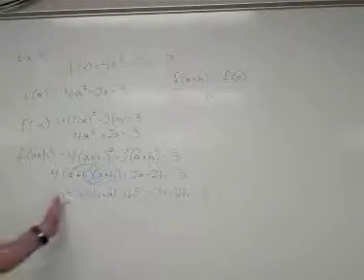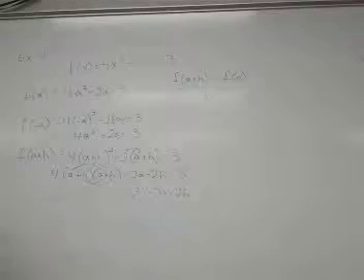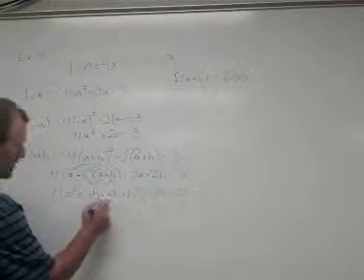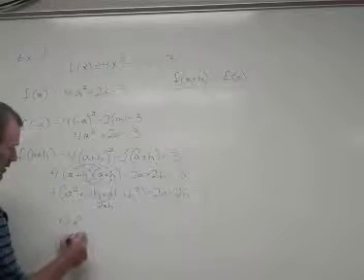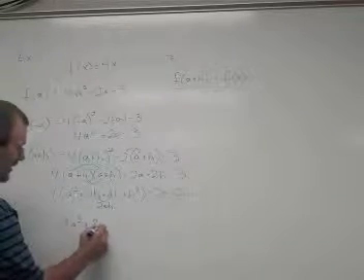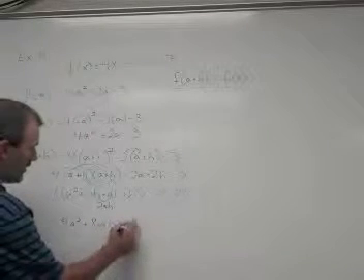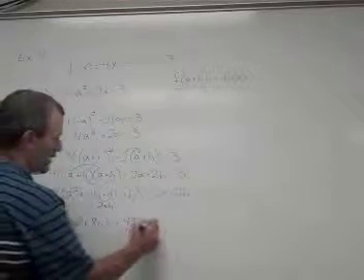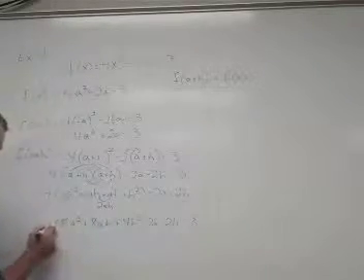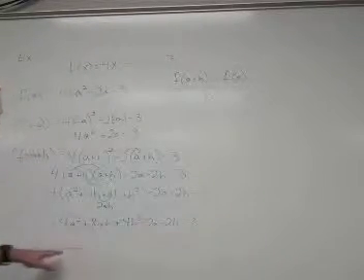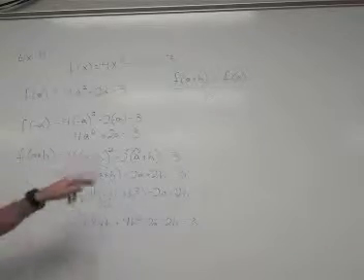And then finally, we distribute the 4. Now notice these two together is 2ah. So when we do this, we get 4a squared plus 8ah plus 4h squared minus 2a minus 2h minus 3. And that is f of a plus h.